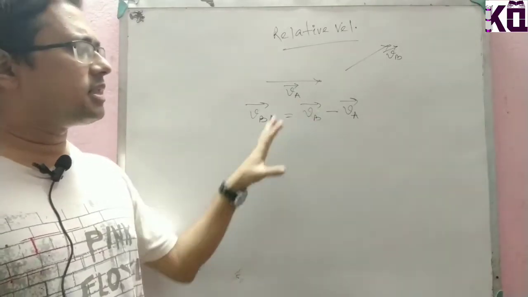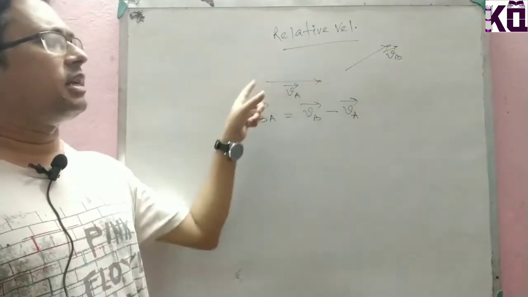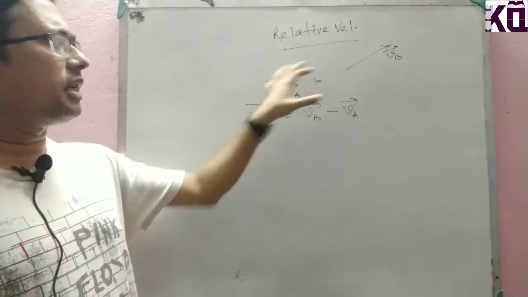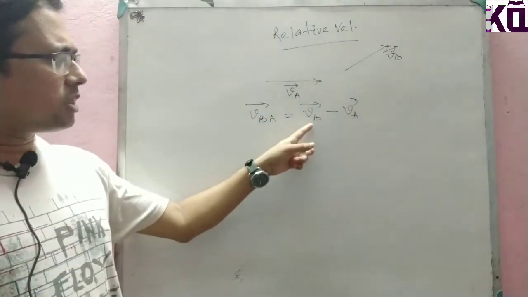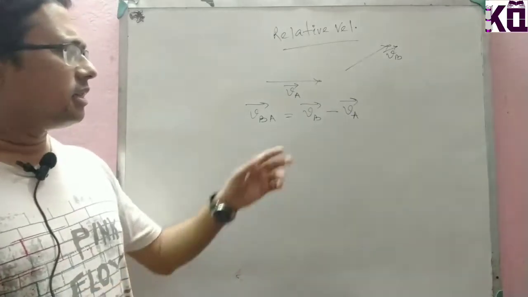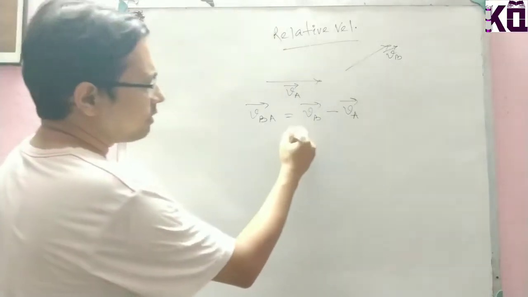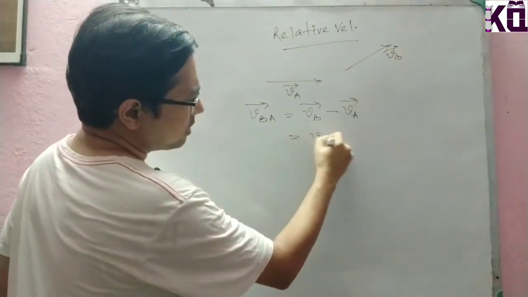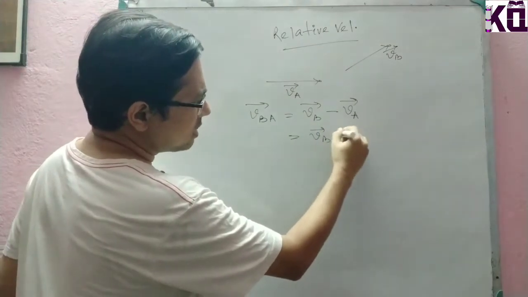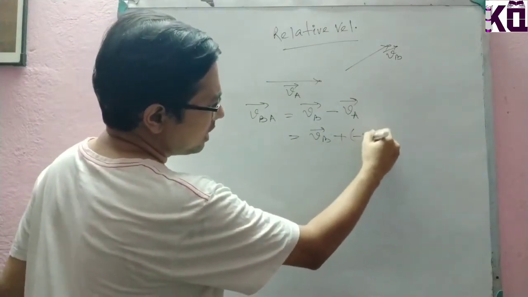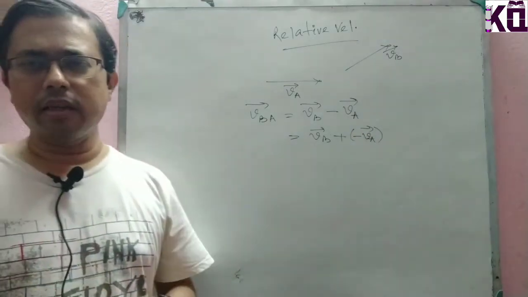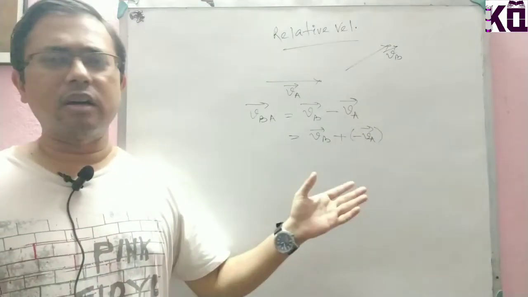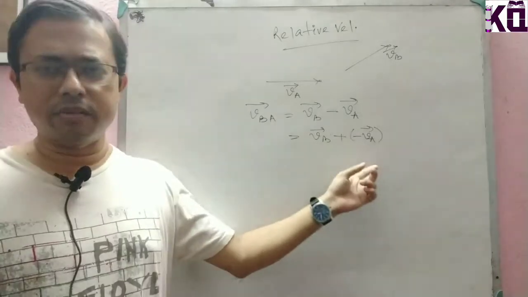So in this case, what happens? If you want to identify the value of VBA for this VA and VB, we know it is VB minus VA, and we can write it as VB plus minus VA, right?